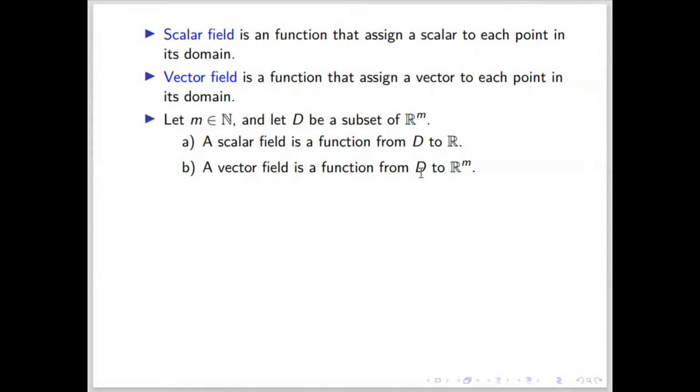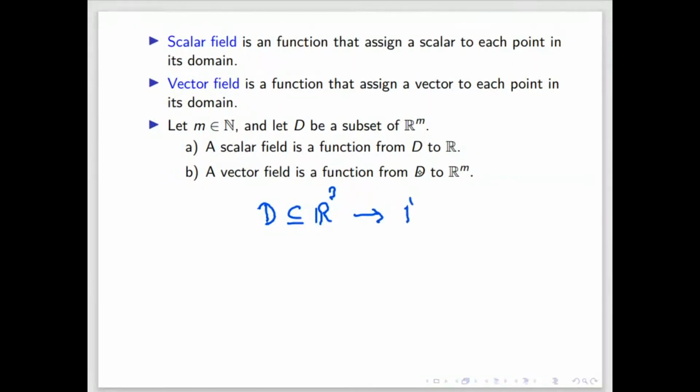So can anyone give an example of a scalar field and vector field in R3? Instead of Rm, can you give me an example of a scalar field? That means D is a subset of R3. So if it is a function from R3 to R, then it is a scalar field.